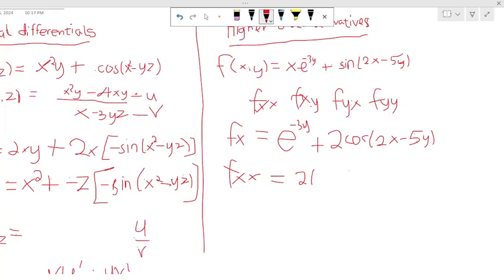Differentiating the function in the bracket with respect to x will also give us 2. Then differentiating the whole function will give us negative sine of 2x minus 5y.